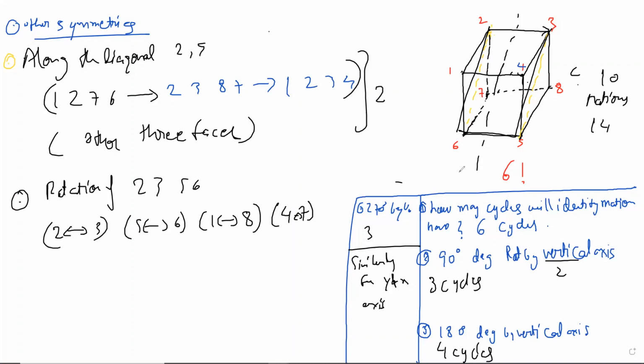The 1 will go all the way to 8, and the 4 goes to 7. We have not considered this motion as of yet, isn't it? So this again gives you four cycles.